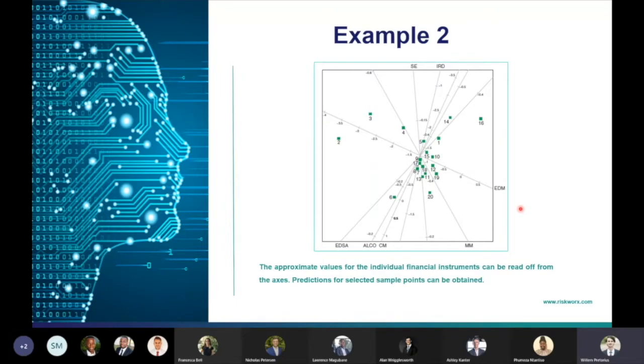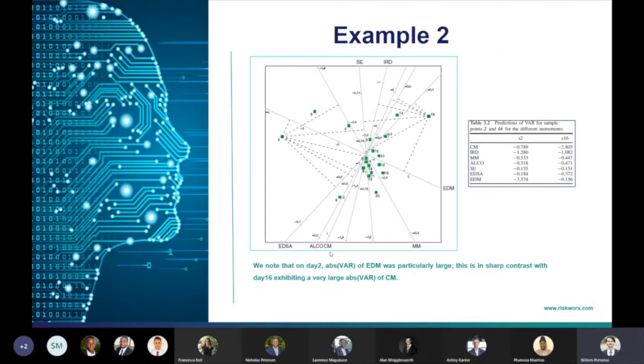The biplot axes shown here are prediction biplot axes, and the approximate values for the individual financial instruments can be read off from the axes. Predictions for selected sample points can also be obtained.